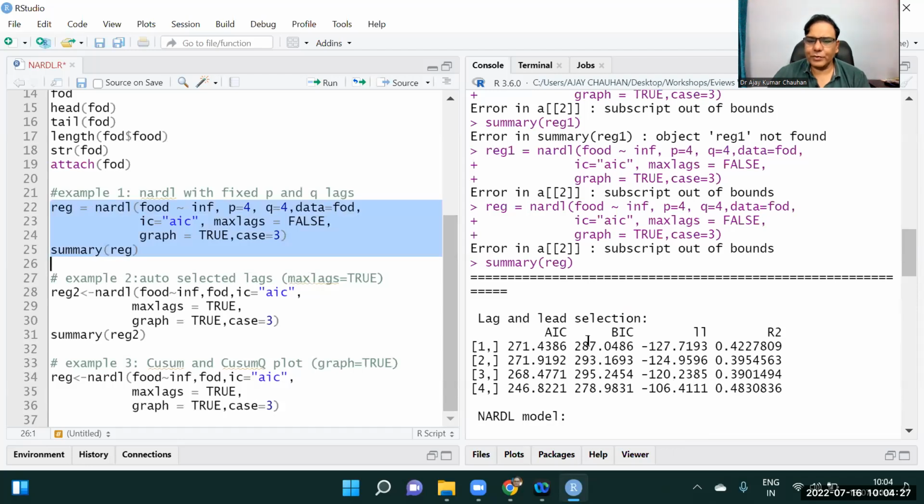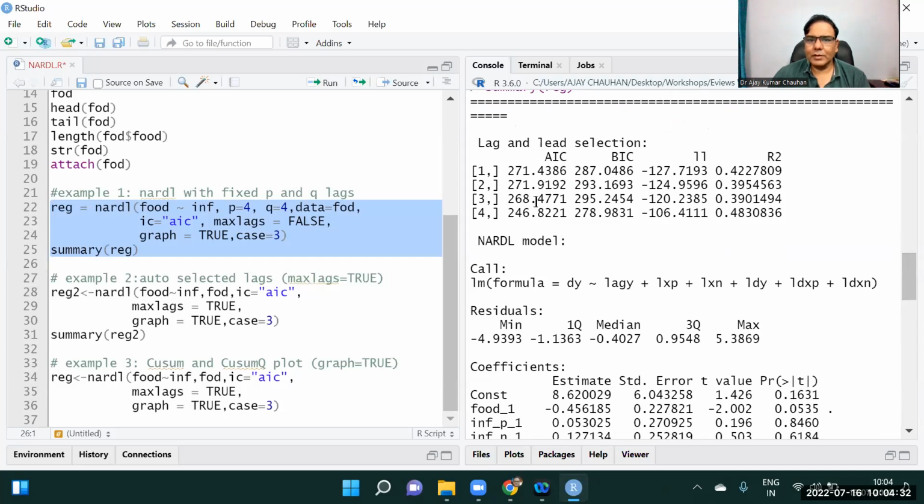Number 1, the software is showing you, if you select 4 lags, this is the AIC value, this is the BIC value, and both the values are lowest. 246 is the lowest AIC value at 4 lags. 278 is the lowest in the BIC, Bayesian information criteria, and R square is 48 with 4th lag, and log likelihood is minus 106. The lower it is, the better it is.